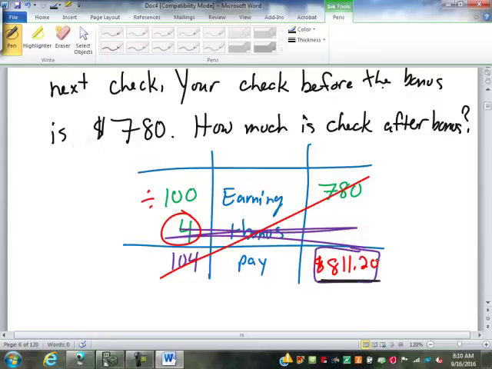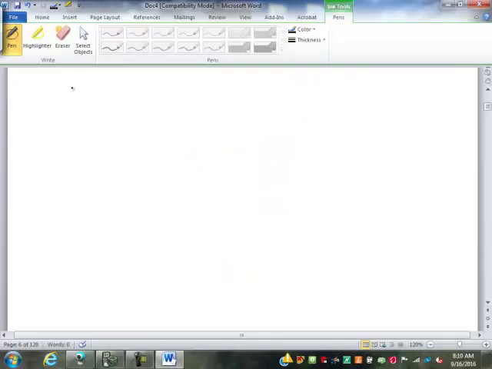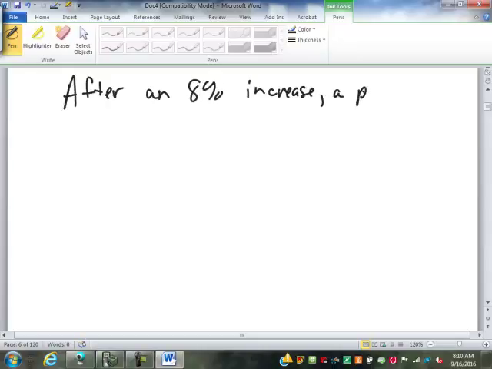But there are times where, let's say that one of your products, after an 8% increase, costs $450.